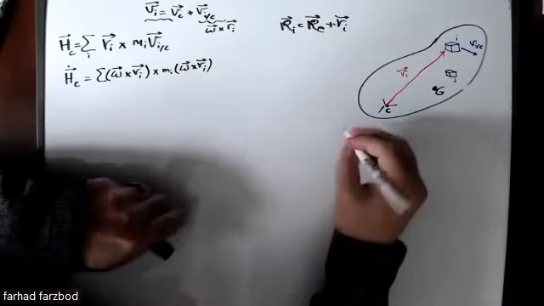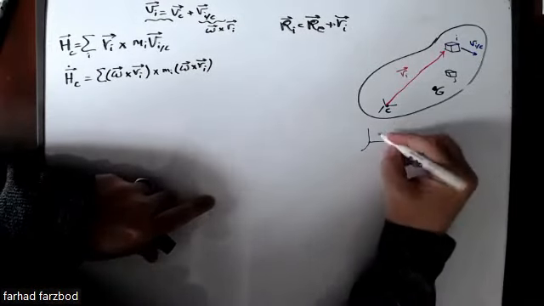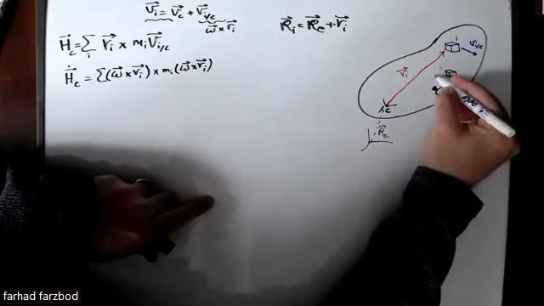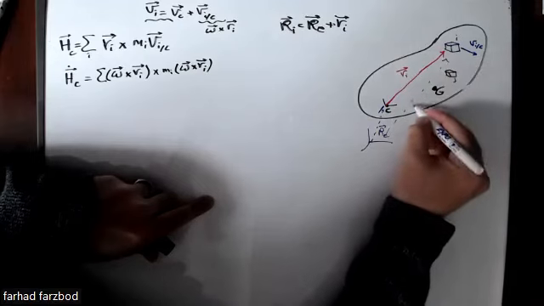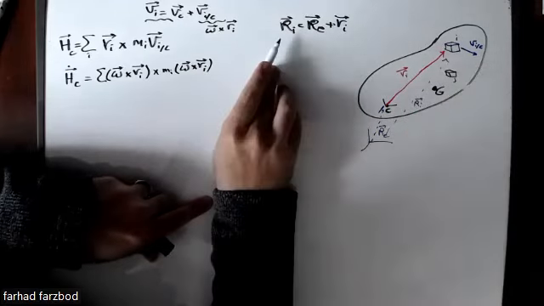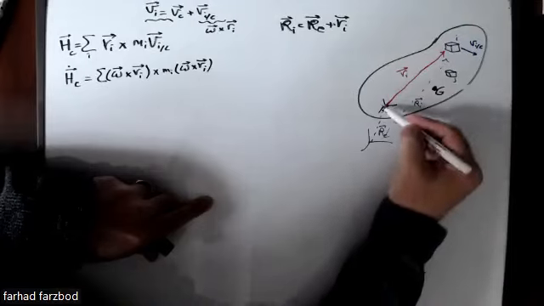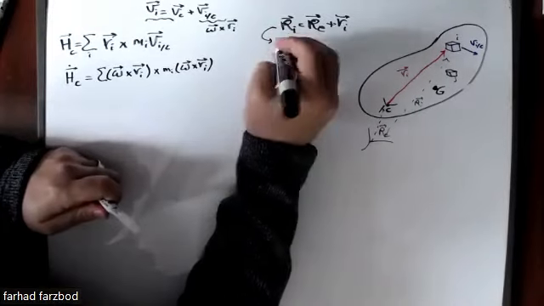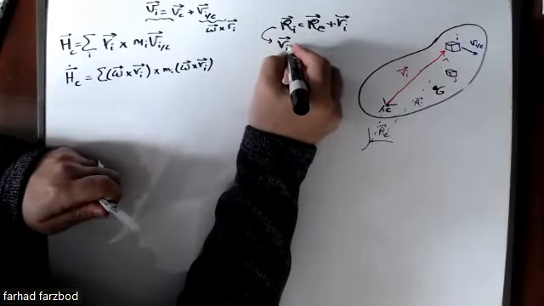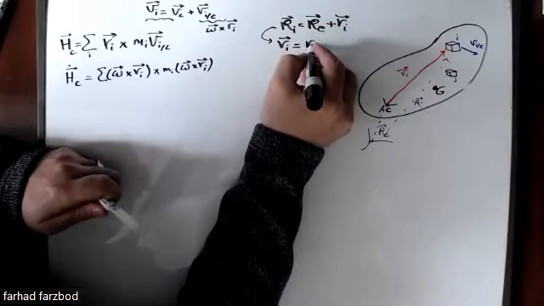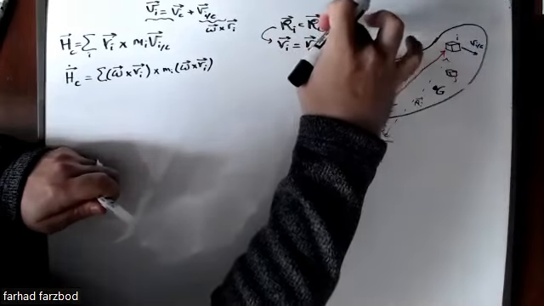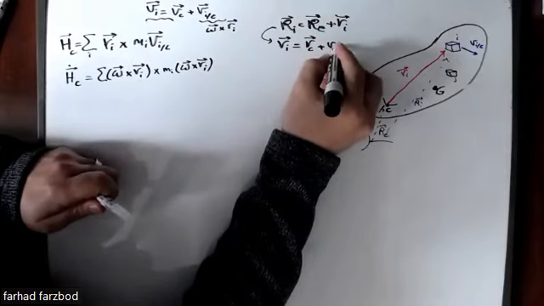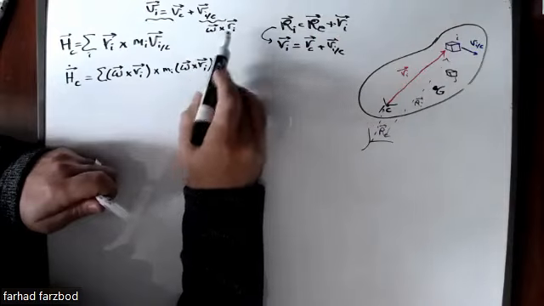I'm saying that if I have an inertial coordinate system and I call this R of C, and I call this Ri, then I can write R of I equals R of C plus this. This is just the addition of two vectors. Then from this, taking the derivative, I get Vi, the absolute velocity of I, equals the absolute velocity of C plus that relative velocity, which becomes that equation. And that relative velocity is in fact omega cross Ri.